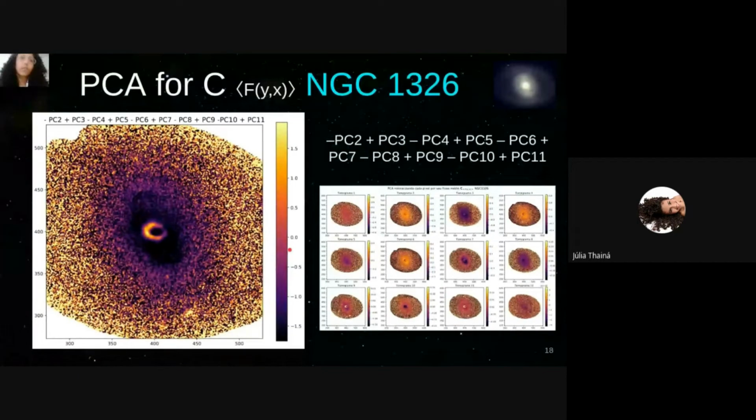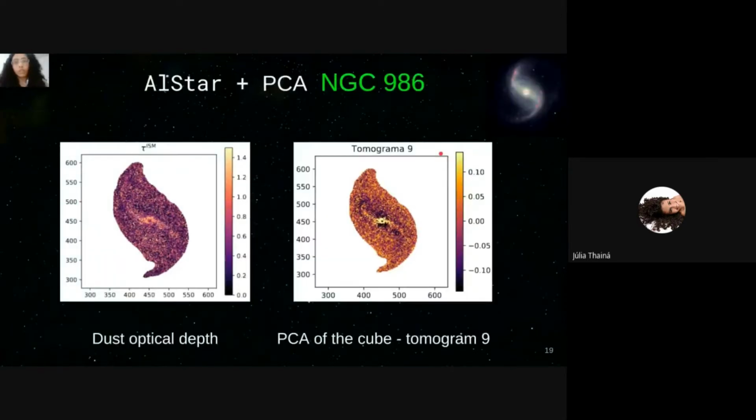We can also use the PCA to amplify some signal, like we did here, where we amplify the signal of the ring by the sum of the tomograms that show the ring. Then, despite the interpretation of the eigenspectrum being really hard, we can also use other tools to help us understand them, like using the code All-Star.